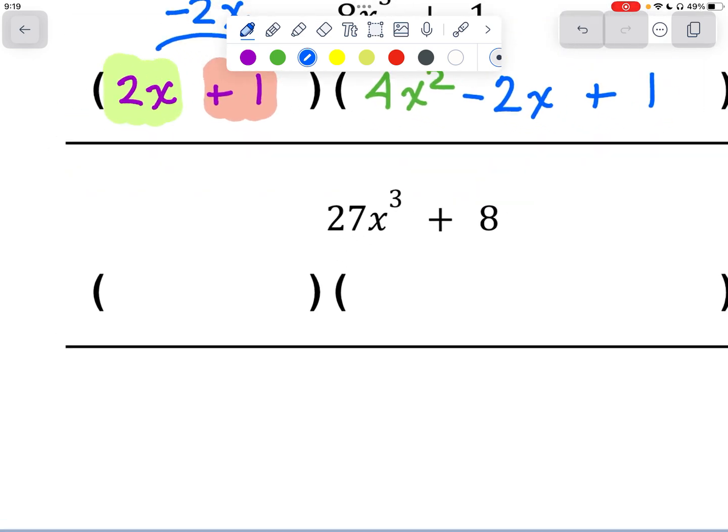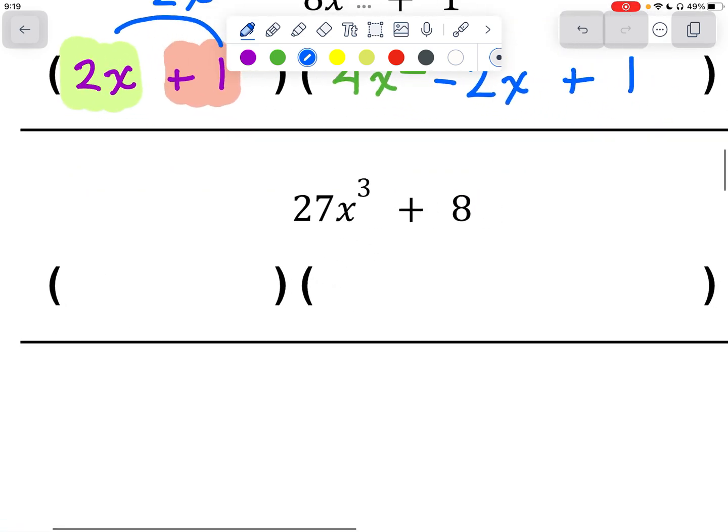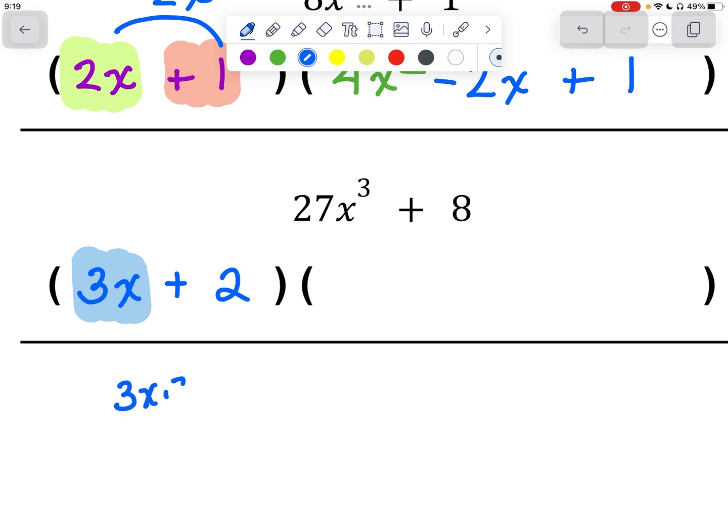Let's do one more. 27x cubed plus 8, cube root of 27, cube root of x cubed, cube root of 8, keep your plus sign. The second factor comes from the first, so we're going to square the first term. 3x squared is 3x times 3x, which is 9x squared.